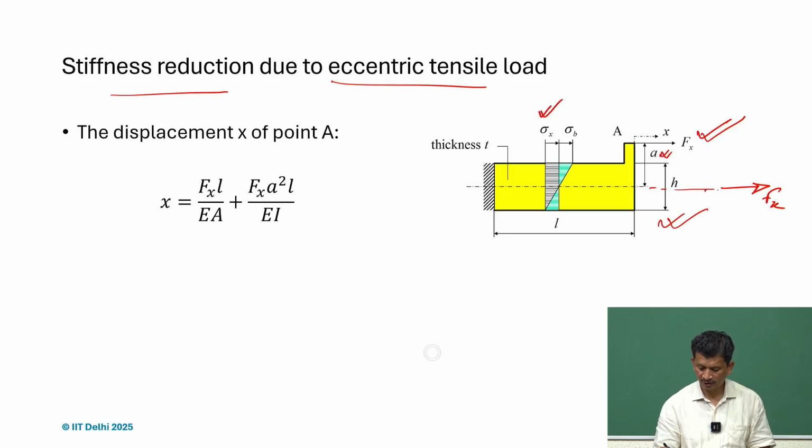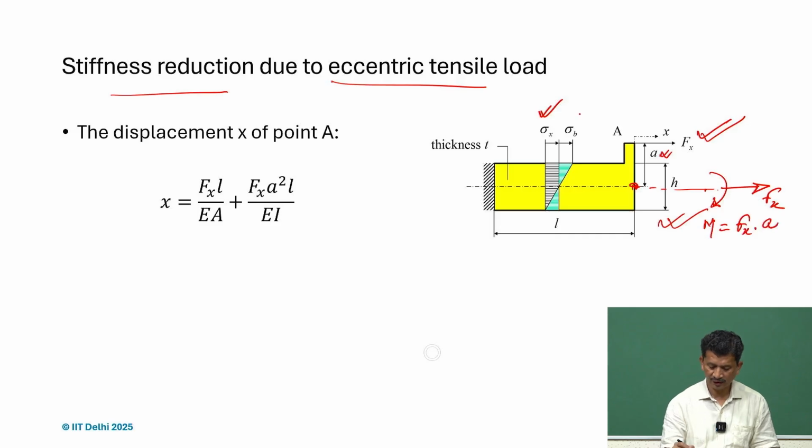But at the same time, if we look at this point, there is a bending moment also acting, which will be Fx times A. Because of that, there will also be a bending stress, sigma B. So now you realize the stress distributions are different, and at the top there is one contribution from sigma x, and another contribution due to sigma b as well.